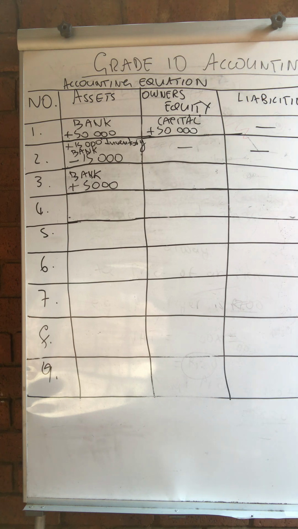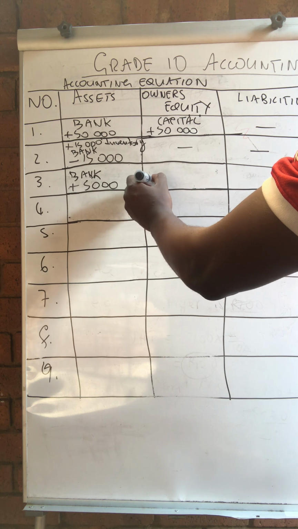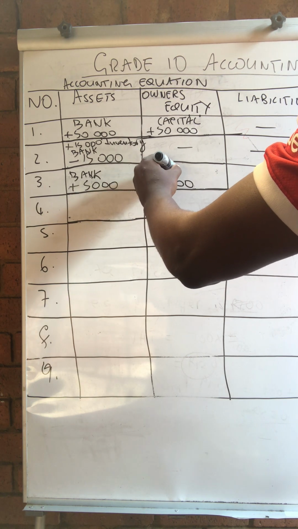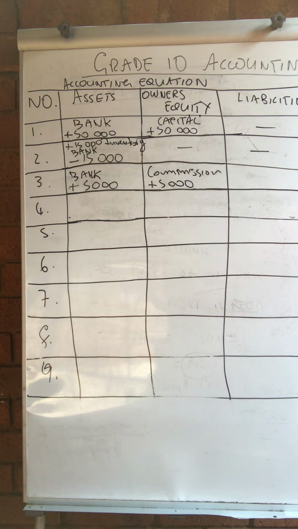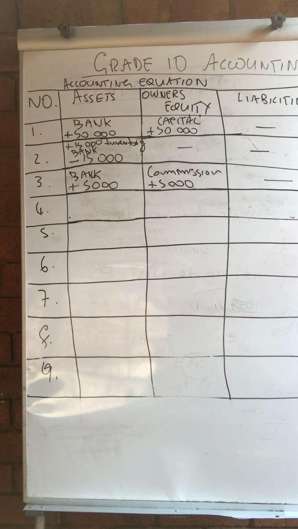It's for commission income. We said our owner's equity is increased by capital contributions and income, which means we come to our owner's equity, we say plus 5,000 rands. It's commission income. That's the account, commission income, right? Nothing is happening to our liabilities once again.